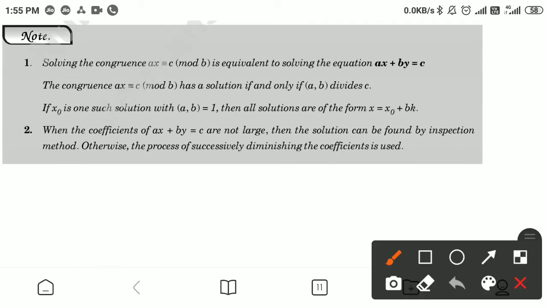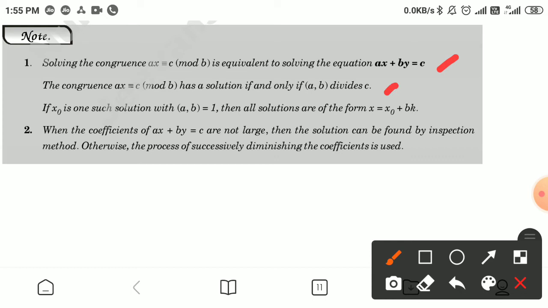Now making note: first, solving the congruence ax is congruent to c mod b is equivalent to solving the equation ax plus by equal to c. The congruence ax is congruent to c mod b has a solution if and only if the greatest common divisor of a and b divides c.